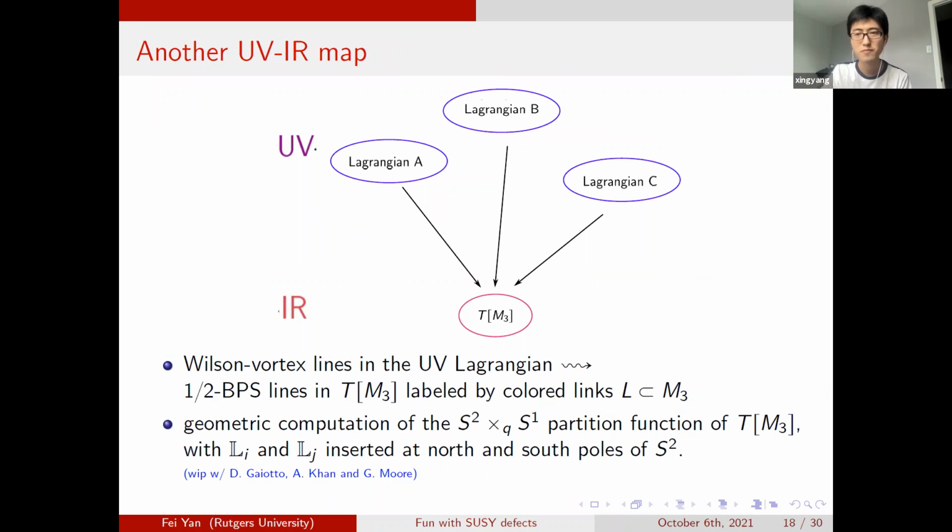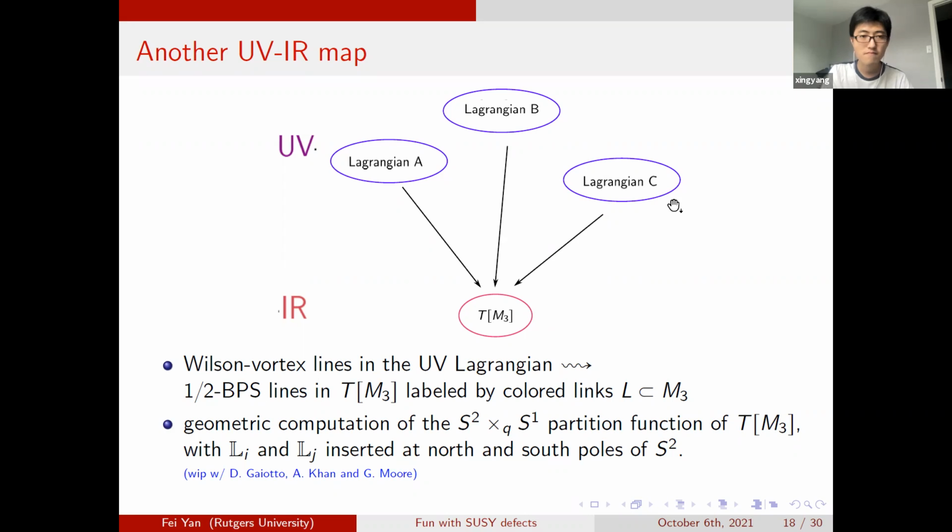So first of all, the thing I talked about in the infrared is just some free theory. But from what you were asking, I think you were asking about some picture which I skipped actually. Namely, you could, for example, have some different complicated UV Lagrangian descriptions which flow to the same infrared fixed point, so that those UV theories will be dual to each other.